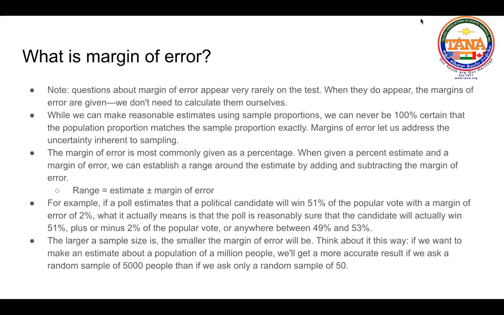For example, if a poll estimates a political candidate will likely win 51% of the popular vote with a margin of error of 2%, it means the poll is reasonably sure the candidate will win 51% plus or minus 2% of the popular vote, so anywhere between 49% and 53%. The larger the sample size is, the smaller the margin of error will be. Think about it this way: if you want to make an estimate about a population of 1 million people, we would get a more accurate result if we ask a random sample of 5,000 people versus a random sample of 50 people.